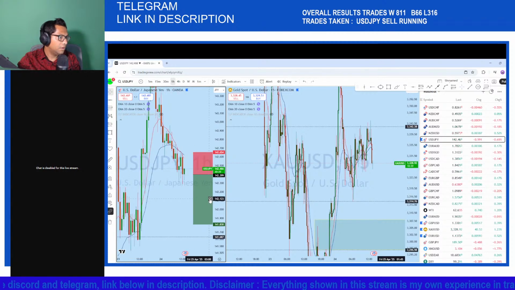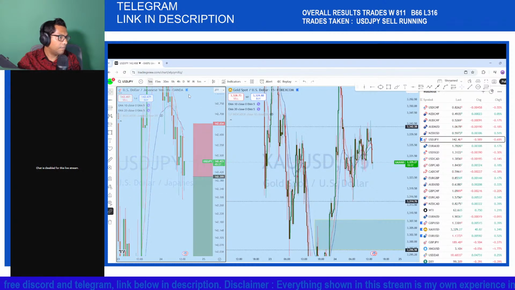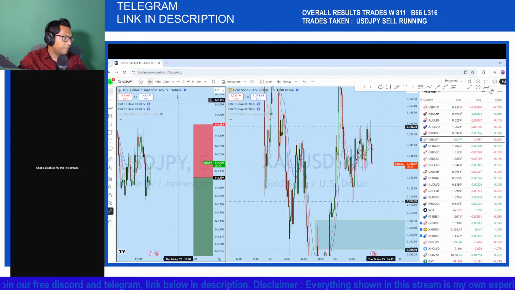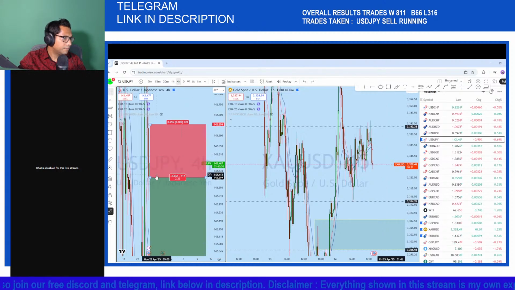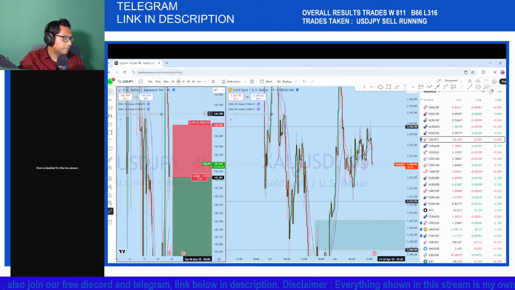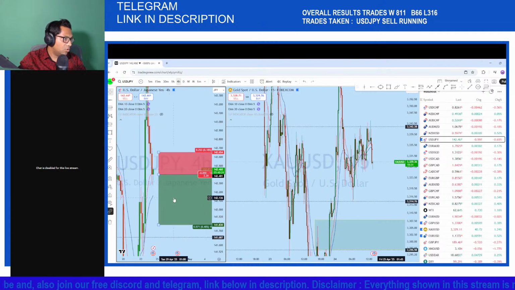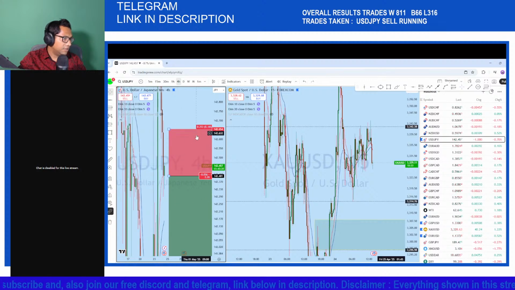Now there's a 4-hour close, and then the market tested the low. Now here there is a pullback.